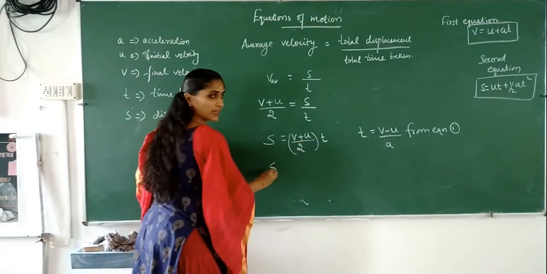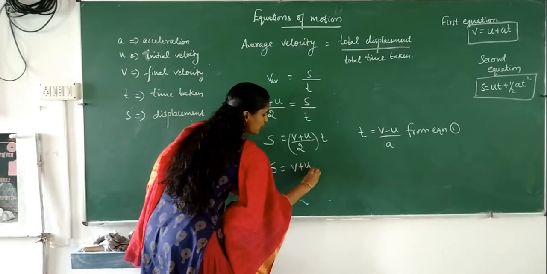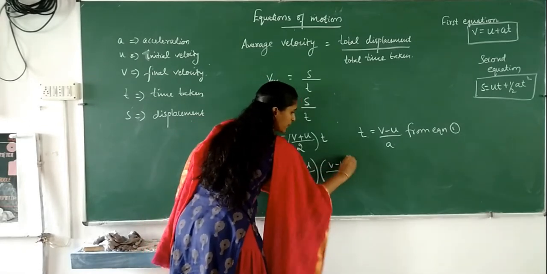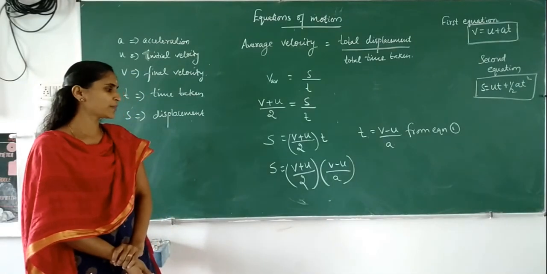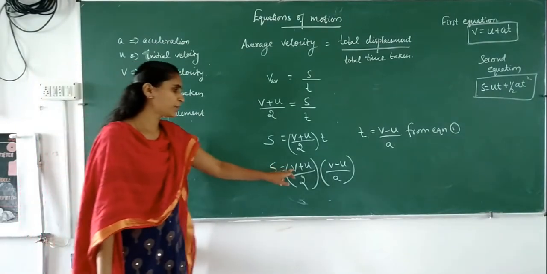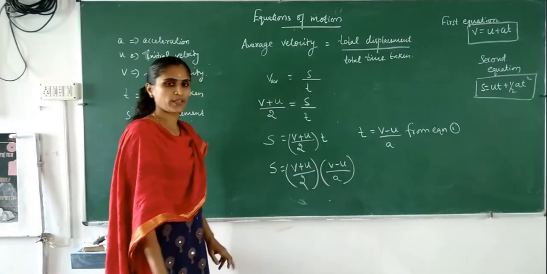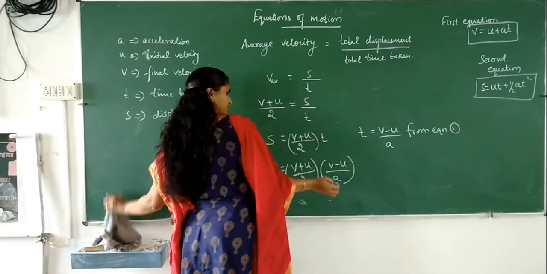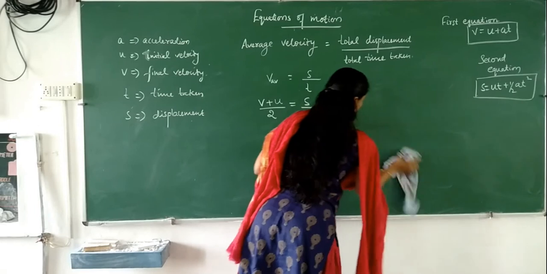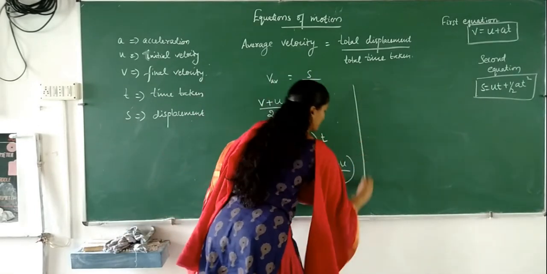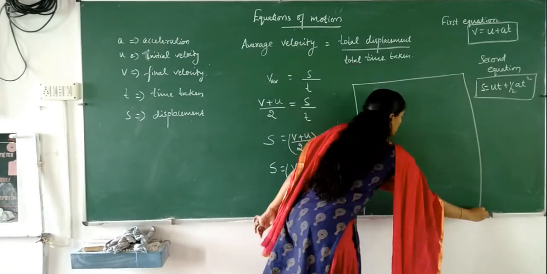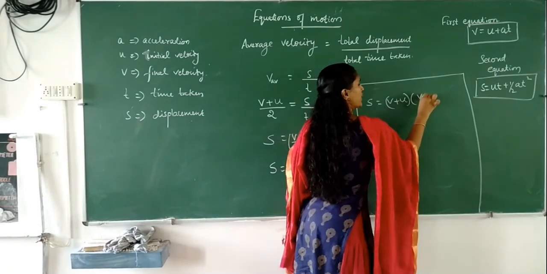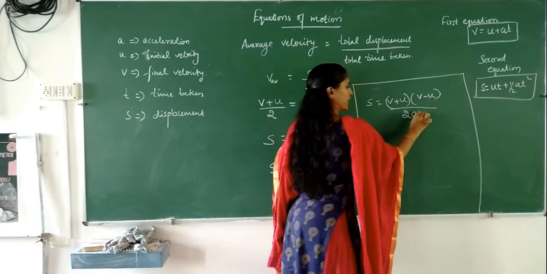If we substitute, what do we get? s equal to v plus u by 2 into v minus u by a. So we get v plus u into v minus u divided by 2a.